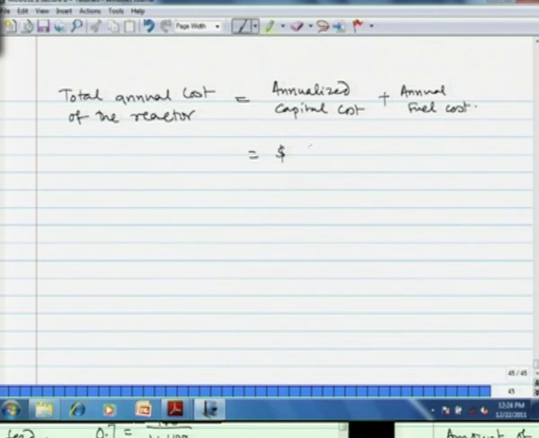Annualized capital cost was $16,491 plus this cost $32,286. So, total $48,777 per year.